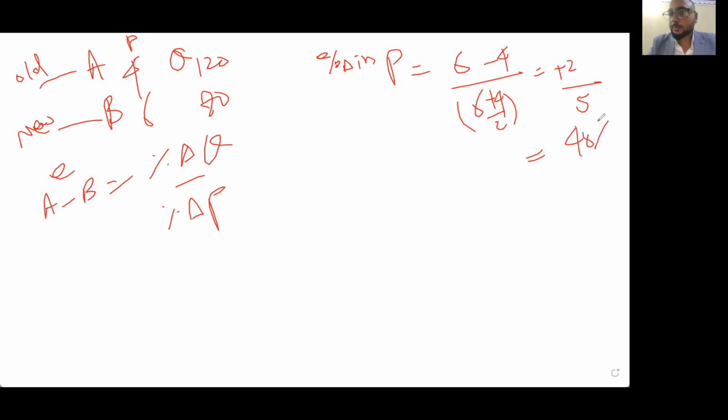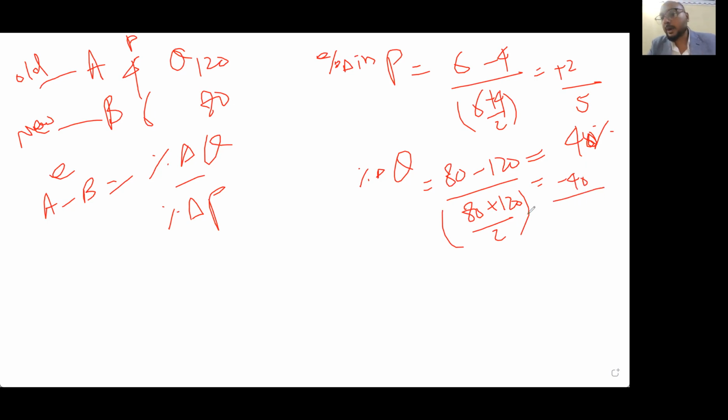Exactly. 40%. While percentage change in quantity is equal to new value minus old value divided by midpoint of both. What is the answer? It is minus 40 divided by 100, because 80 plus 120 is 200, and the midpoint is 100.